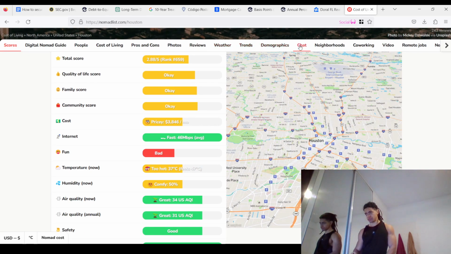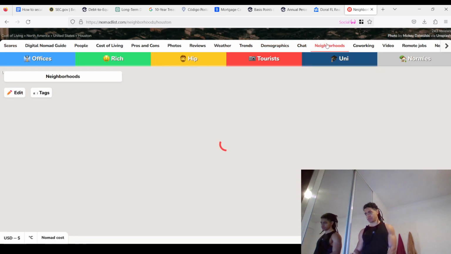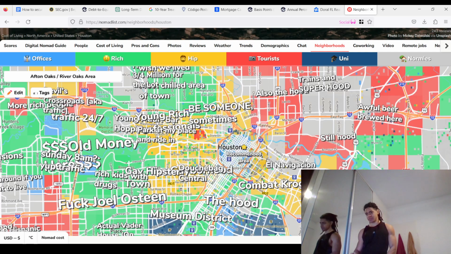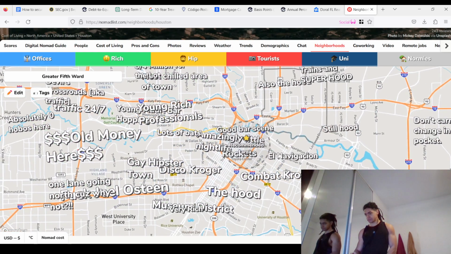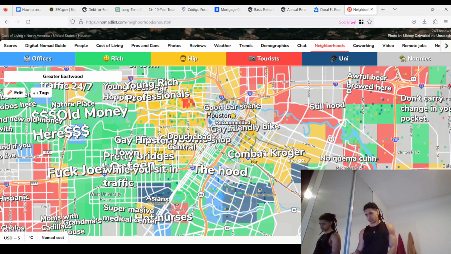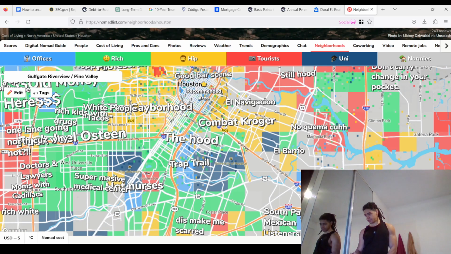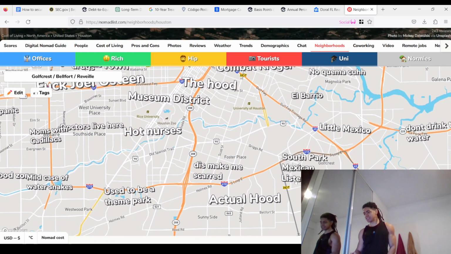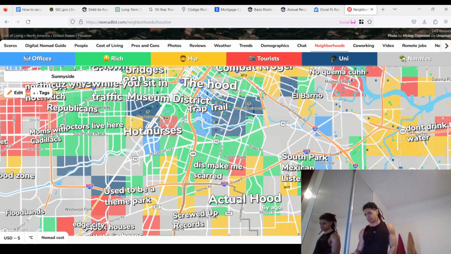Okay, Houston. What about when I look at the demographic? What I'm doing here is just looking at what would be the richest areas or the hipsters and all of that kind of thing, right? Come back, Kroger, the hood, hipsters, the hood, El Barrio, Little Mexico. Oh my god. Actual hood, this makes me scared.